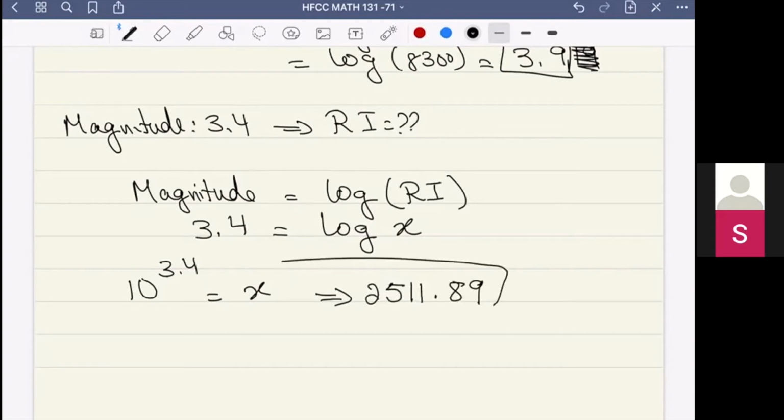So that's how I figured my X, which is my relative intensity. So it's just basic calculations, and we'll solve some more problems like that during class.